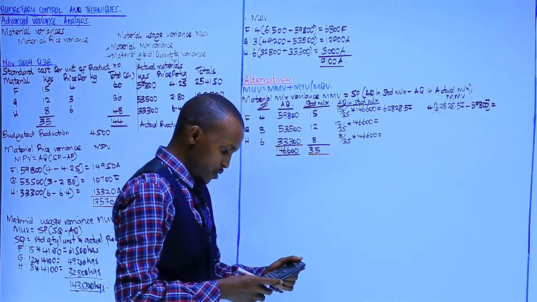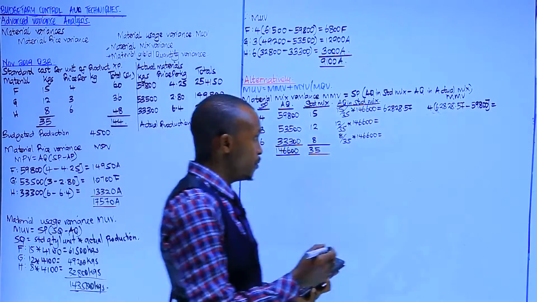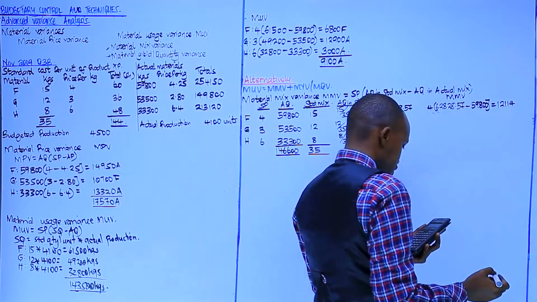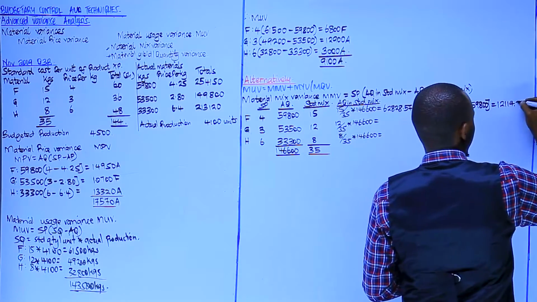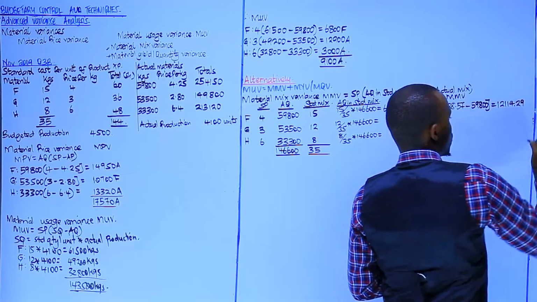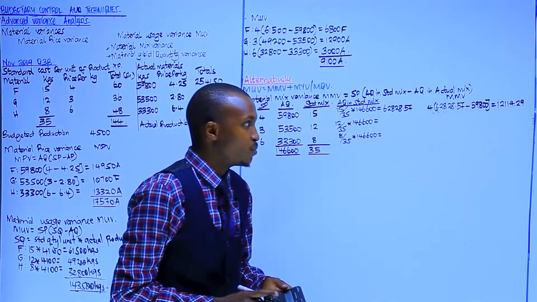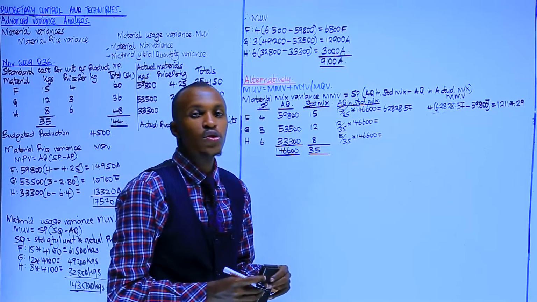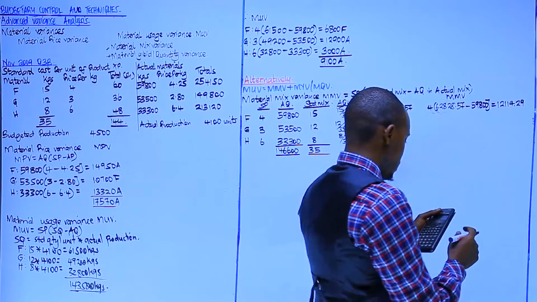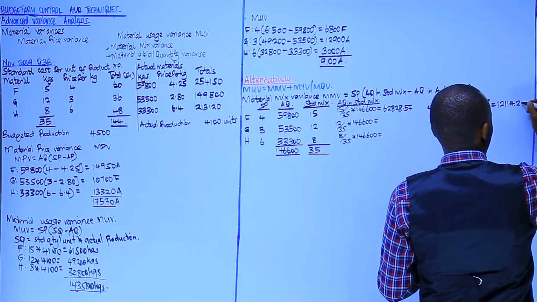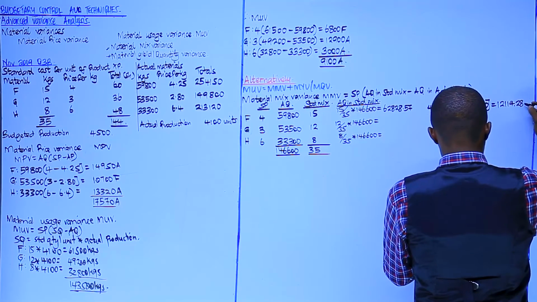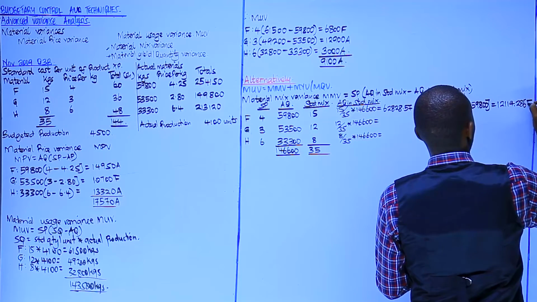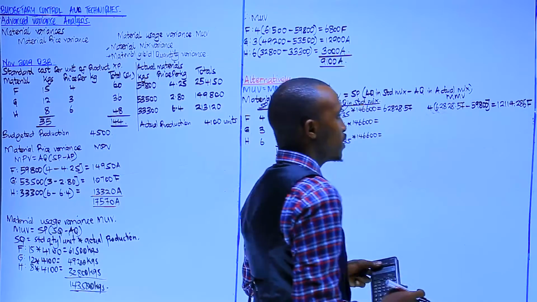That gives 3,028.57, which we can round off to 2 decimal places. We are going to say that is favorable.